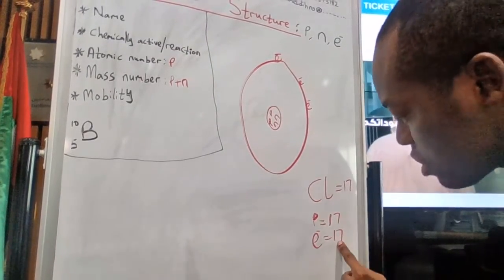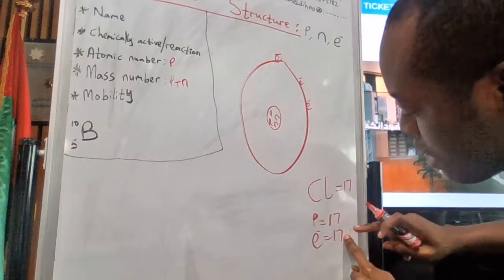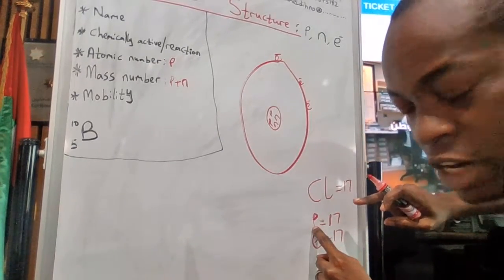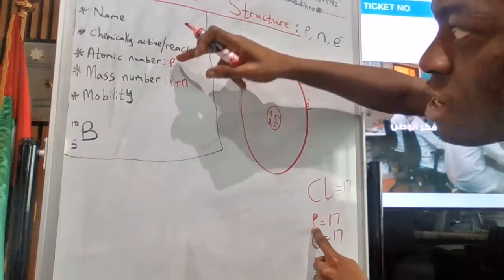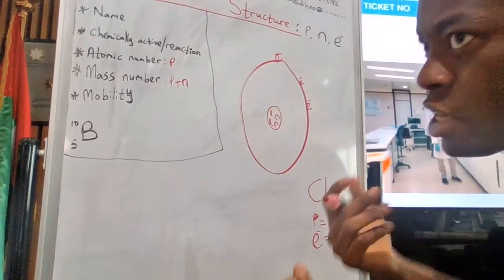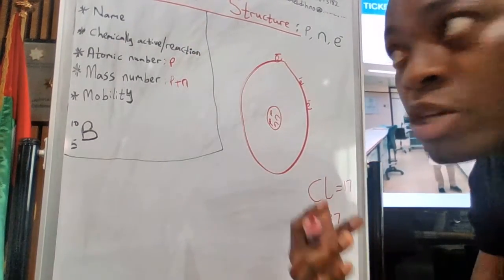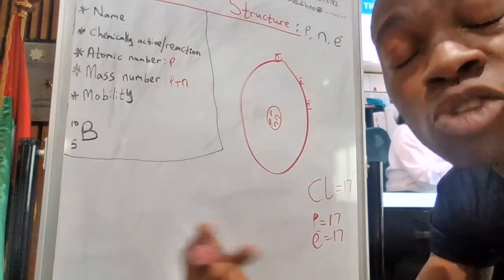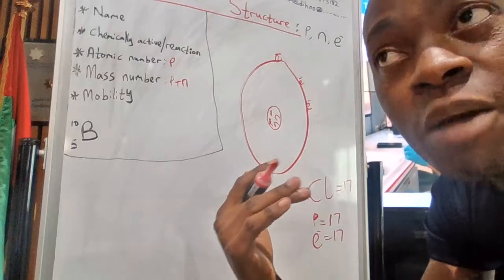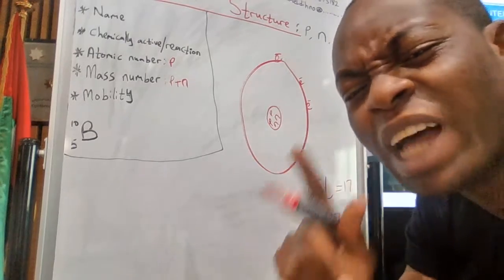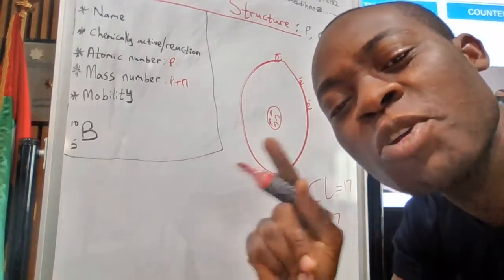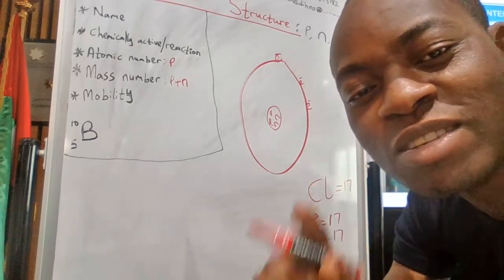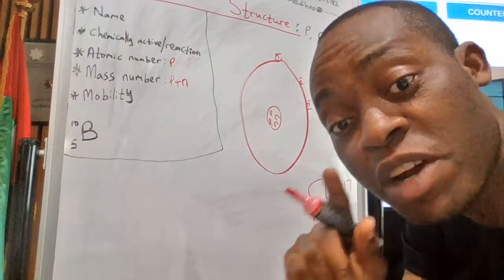The proton is 17. This particular 17 is for electronic configuration. Then the proton, which is still 17, is the atomic number. So it's very easy for students. When you know the atomic number of an element, you can use it to get the electronic configuration of that element. But that does not make the electron number equal to the atomic number. Take note of this. This is very, very crucial.